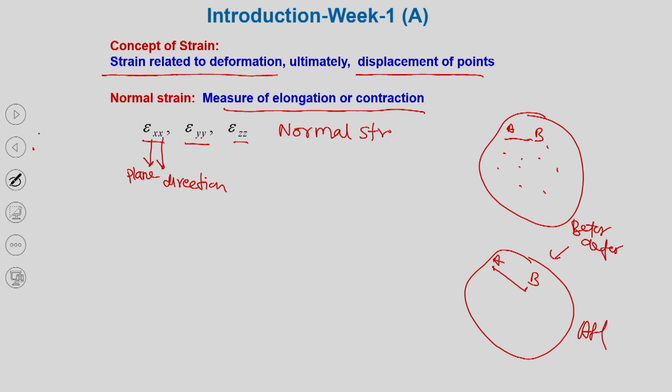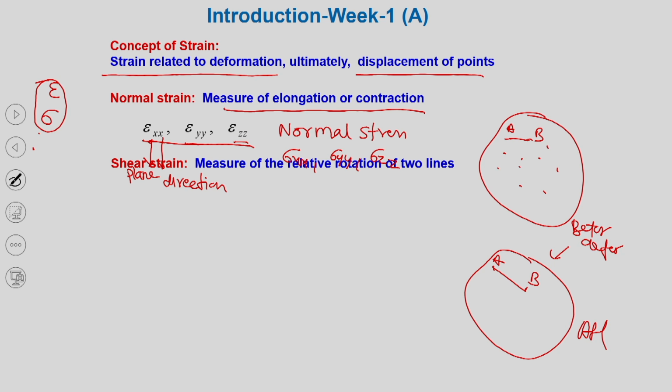Sometimes students are not aware, in undergraduate levels we just denote strain by epsilon and stresses by sigma, so they are not aware about their components. So, I will just review the basics. These are the components, epsilon xx, epsilon yy and epsilon zz, known as normal strains. Similarly, the normal stresses will be sigma xx, sigma yy and sigma zz.